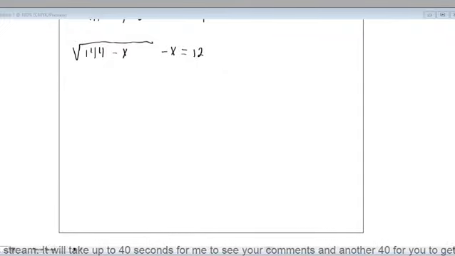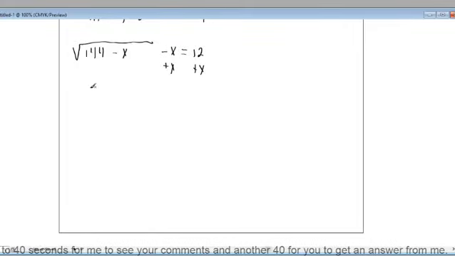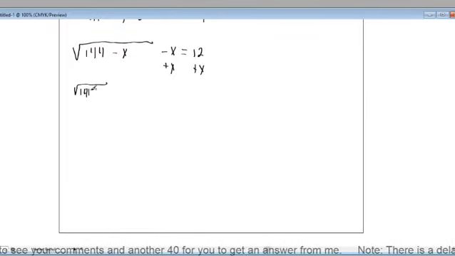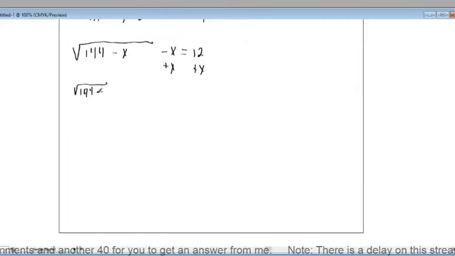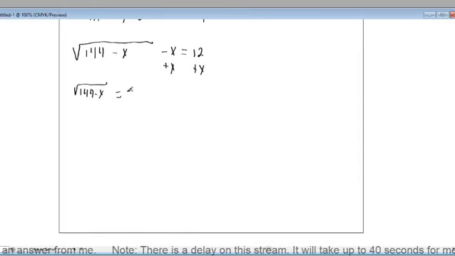So I'm going to add x to both sides, which leaves me with the square root of 144 minus x equals 12 plus x, or I'm just going to write it as x plus 12.